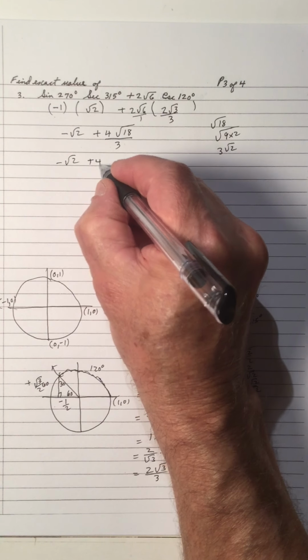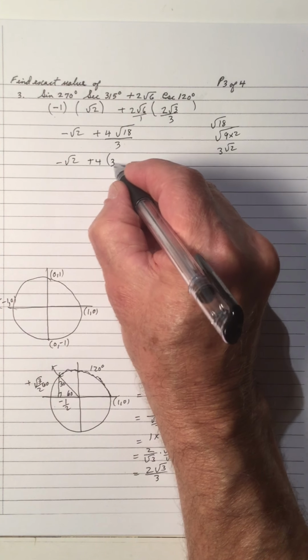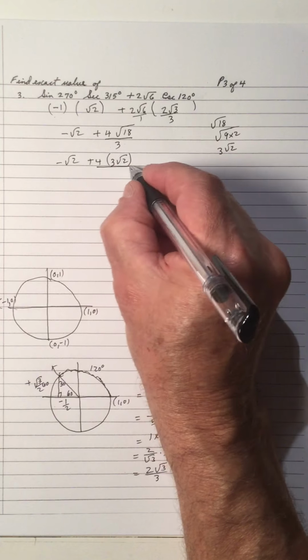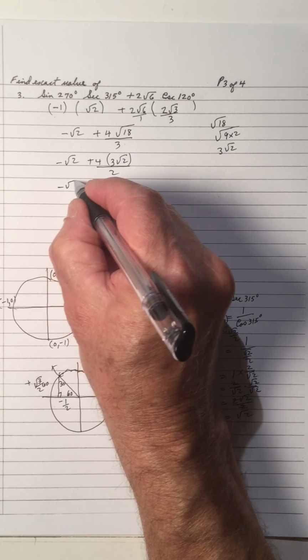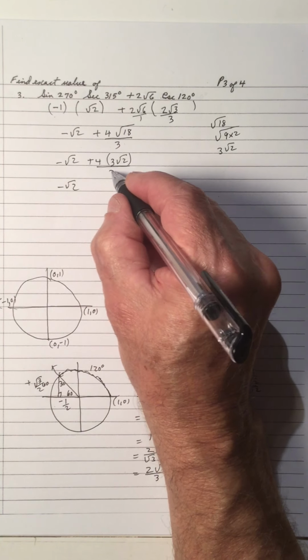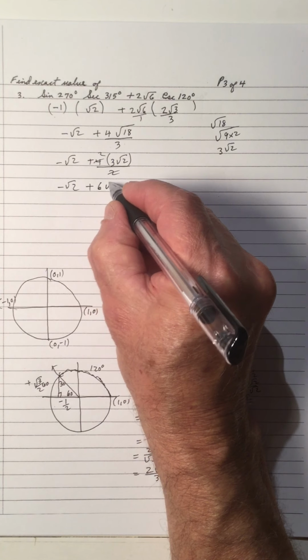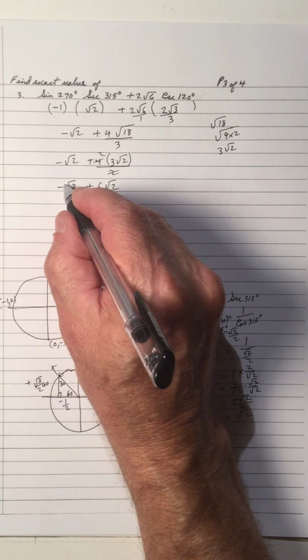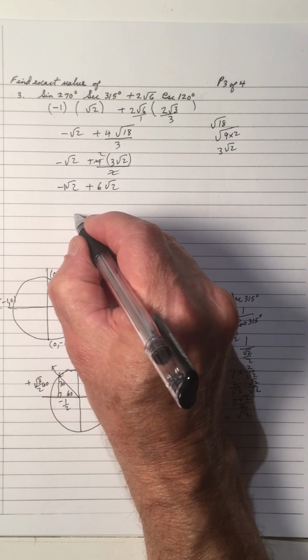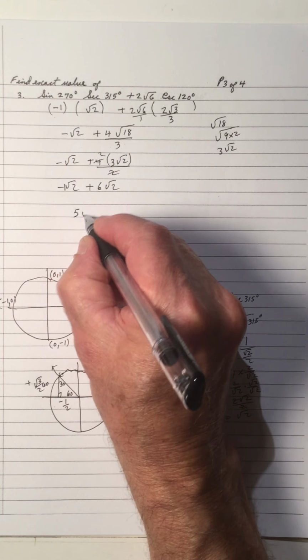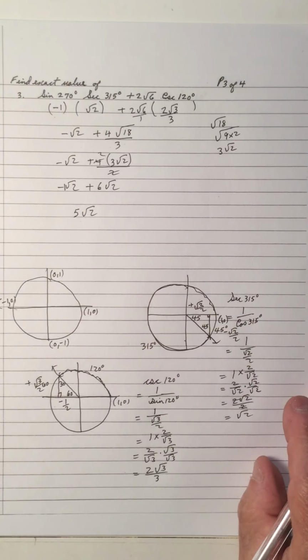So that's 4, 3 root 2 over 3. Negative root 2, and the 3 cancels into 4, 3, so that gives us 6 root 2. And a negative 1 plus 6 root 2 is 5 root 2, fully simplified.